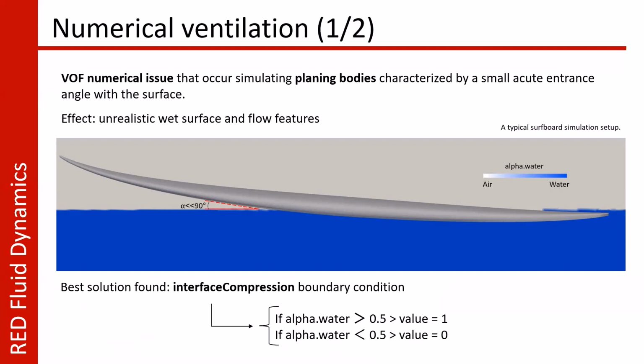But in the end, the only way to resolve this problem is to use the interface compression boundary condition on the surface of the surfboard, which works by applying just a binary value to alpha water: 1 when the computed value is higher than 0.5, and 0 when the computed value is lower than 0.5. So it is a very crude way to resolve the problem, but it is the only one for this specific setup of the board.